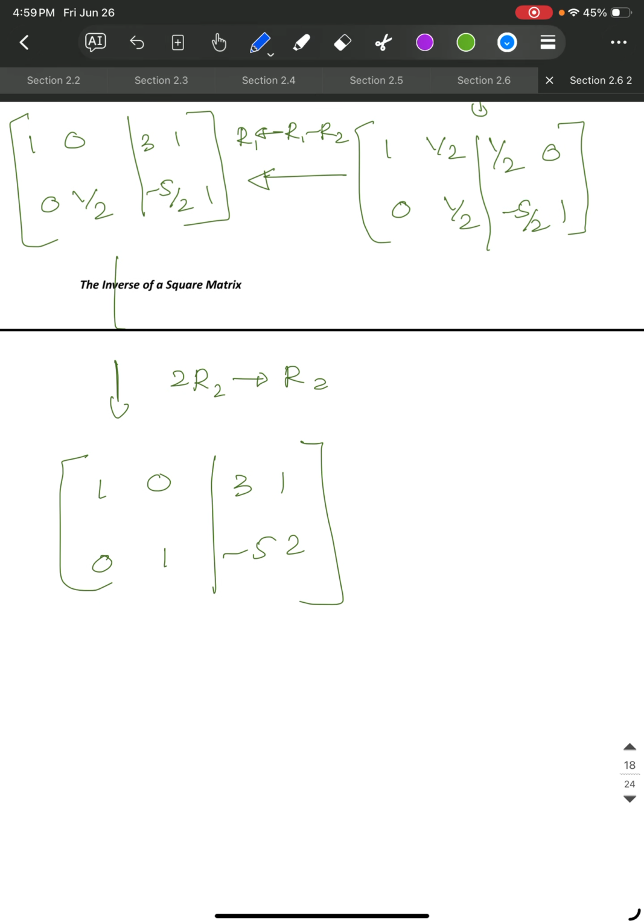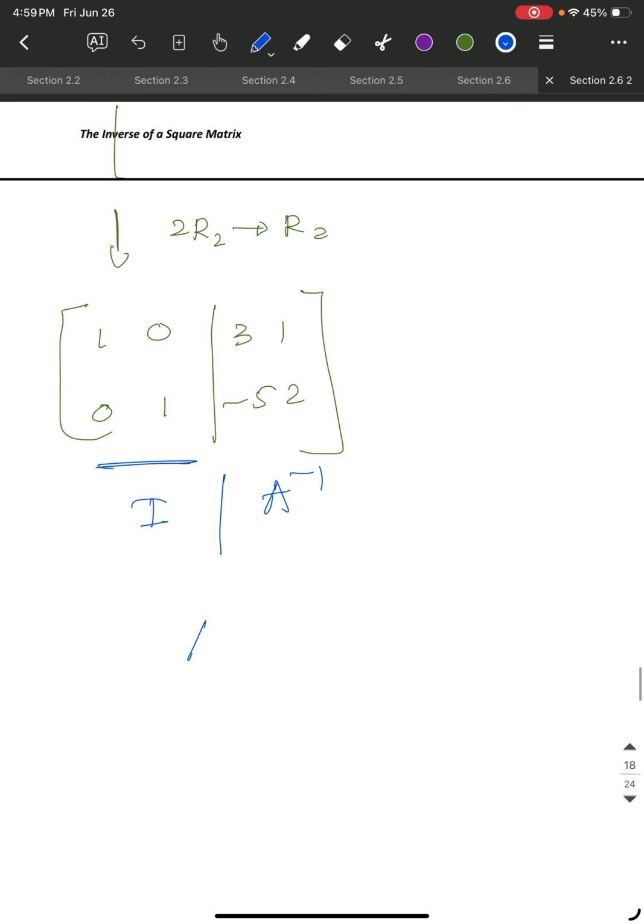Okay, now we have the identity matrix here and A inverse. Therefore, the inverse of A should be 3, 1, negative 5, 2.